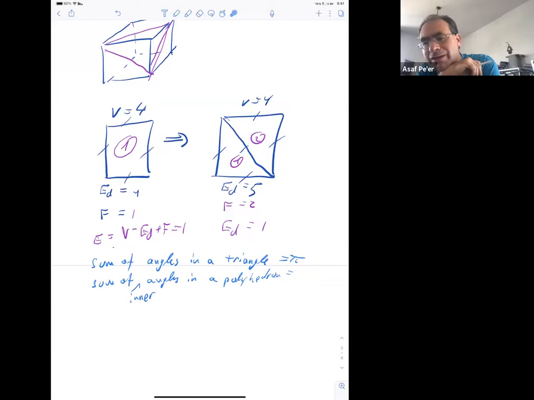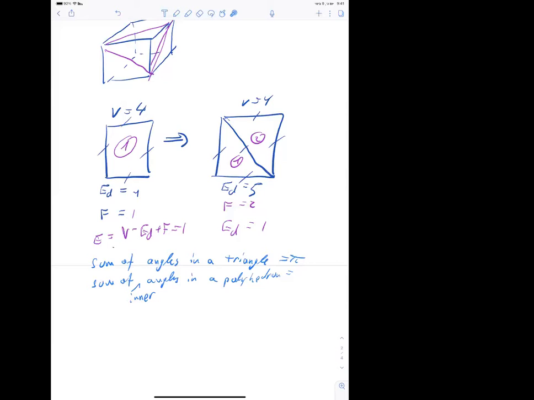After I divided the polyhedron into triangles, what will be the total sum of angles inside? For each triangle, it's pi. How many triangles do I have? 12.